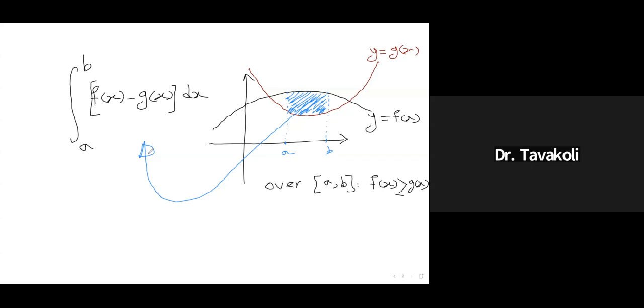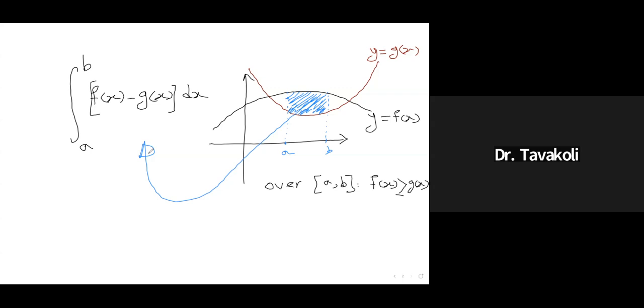I wrote f of x first because in this picture, over that interval, f of x is bigger than g of x. And be careful in such problems, the area should be a non-negative value, in fact, a positive value most of the time. Just in case the two functions are the very same function, the area is going to be 0.